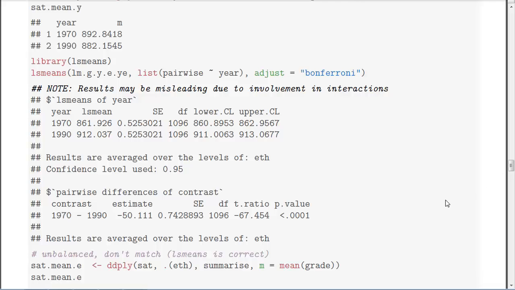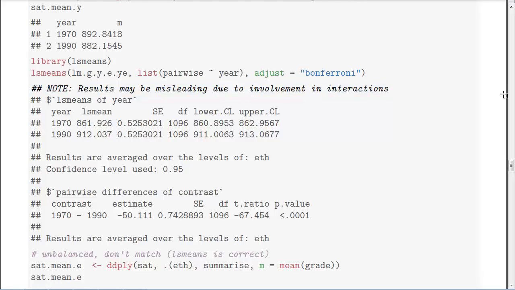And note there is a comment down here: results are averaged over the levels of ethnicity. This note is important, but we can ignore it for now.